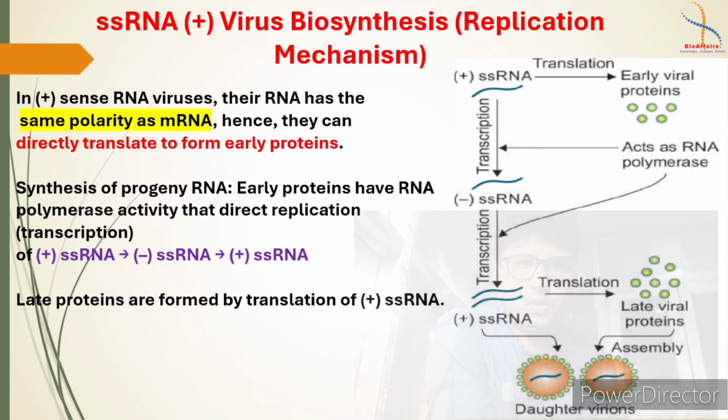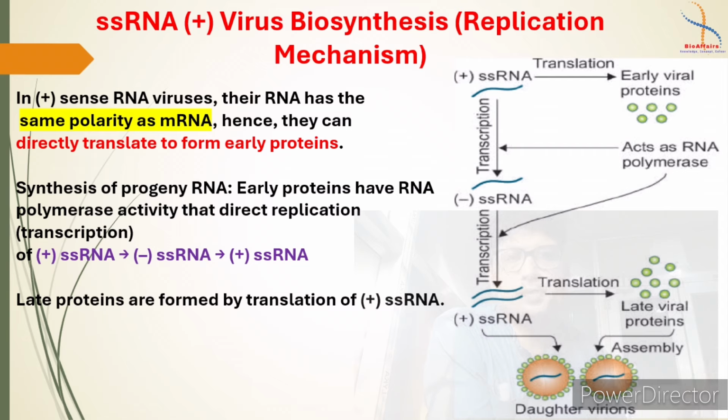That is a separate issue, what is positive and negative, but still I am telling you that positive means the copy of RNA from where proteins can be directly synthesized. The proteins which are required to make more progenies or to replicate the RNA itself is called positive sense RNA.